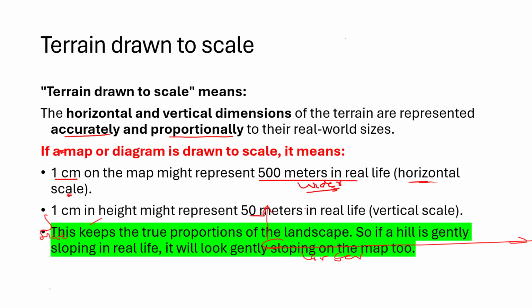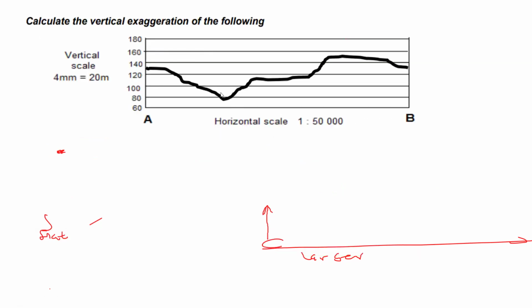We already mentioned that the horizontal distances are much wider than the vertical distances. So this keeps the true proportions of the landscape. If a hill is gently sloping in real life, it will look gently sloping on the map too. That is the idea I want to bring to your attention.